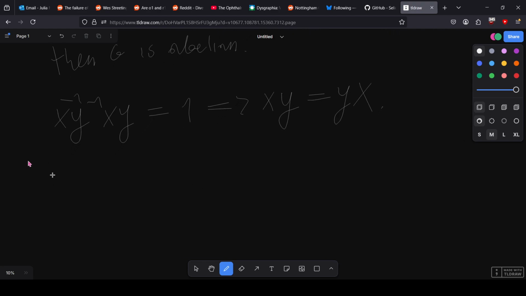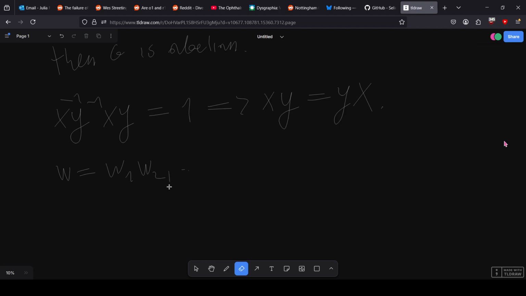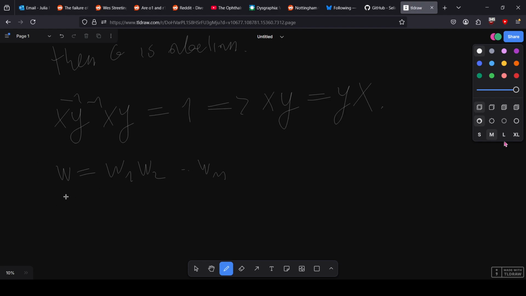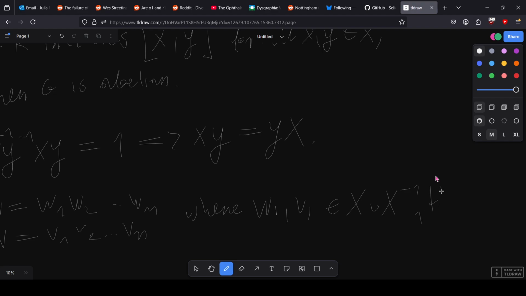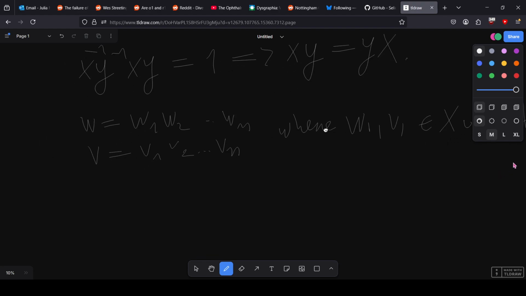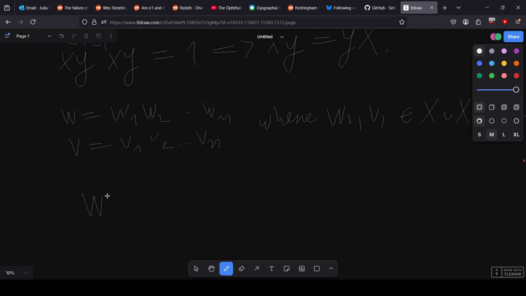So, in this case, if we have two words, v equals, let's say, w1, w2 up to wn, and a second word, which is v1, v2, up to vn, where all vi and all wi are in X union X minus 1, then wv is equal to w1, w2, etc. wn.